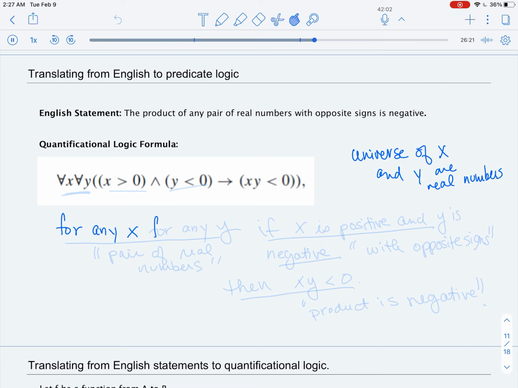For any x, for any y. So those are our pair of real numbers with opposite signs, and that is, so for any x, y, this is the pair of real numbers. With opposite signs. So this is where we're getting the if x is positive and y is negative.